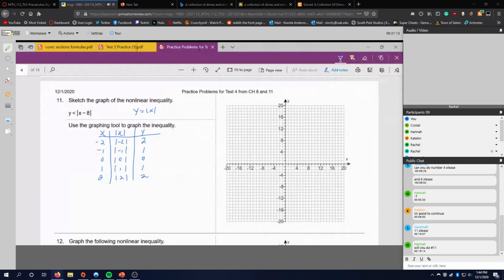Okay, so if you use those ordered pairs, you would have an absolute value that just started at the origin and made a V. Well, this one is y equals absolute value of x minus 8.